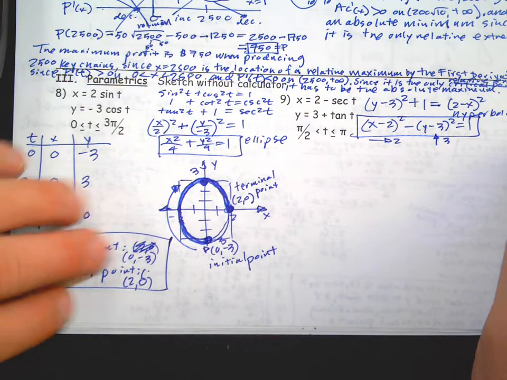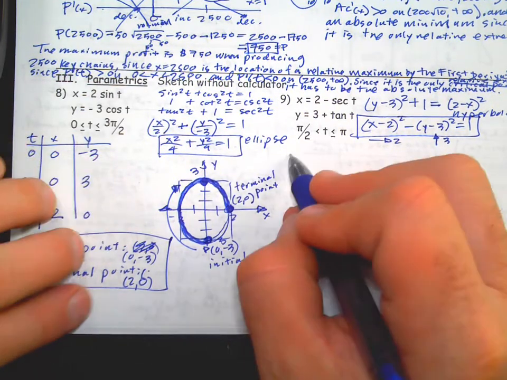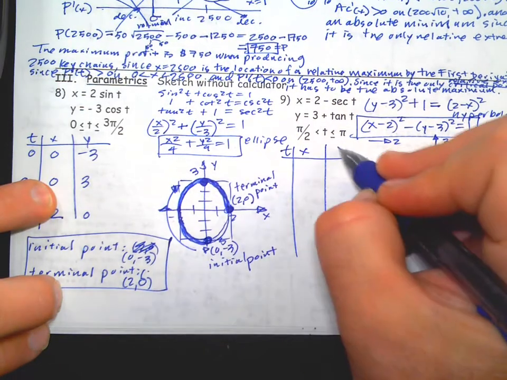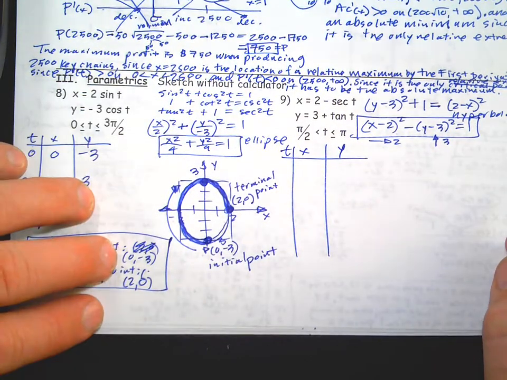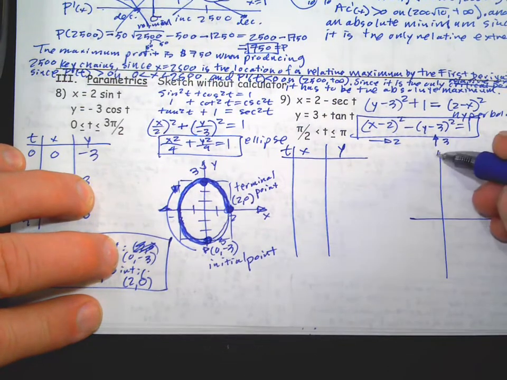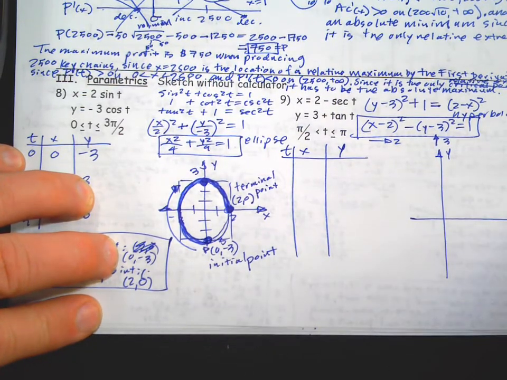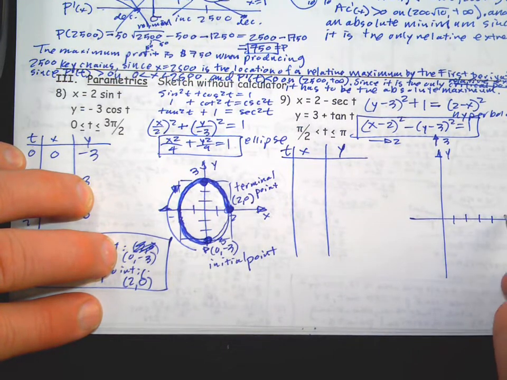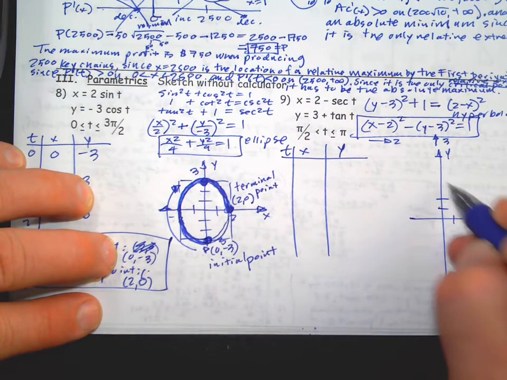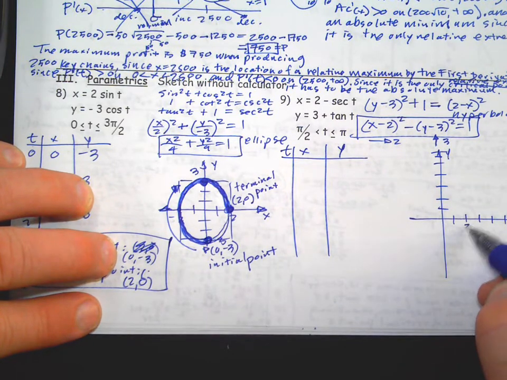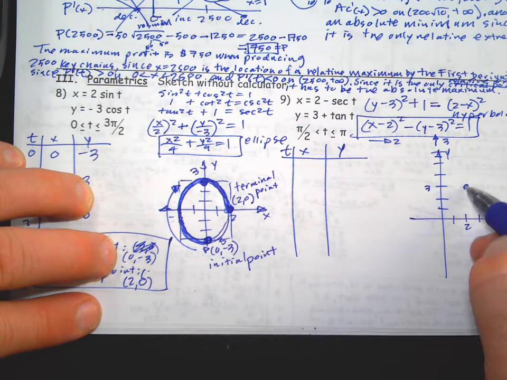Okay, so we're going to make a table. I'm going to draw a sketch of the graph. 2, 3 is the center of it.